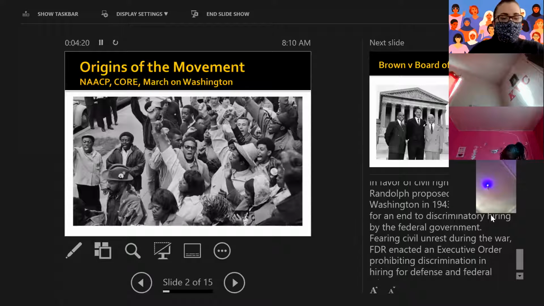And in 1943, we have one of our first marches on Washington for African American civil rights. In this march, African Americans advocated for an end to segregated hiring by the federal government.